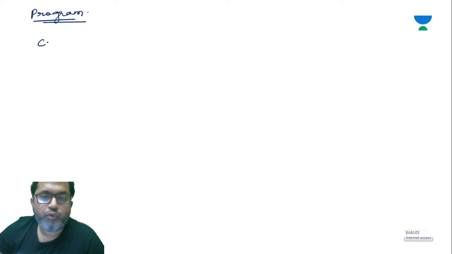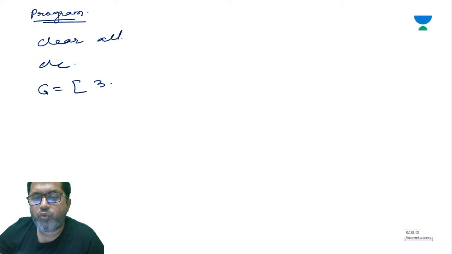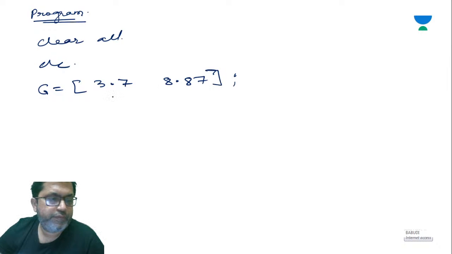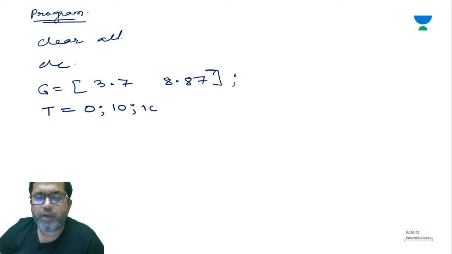Okay, program is clear all, CLC. Okay, so capital G is equal to first two planets, 8.87 and 3.7. Capital T time, this is 0, 10, 100 suppose.